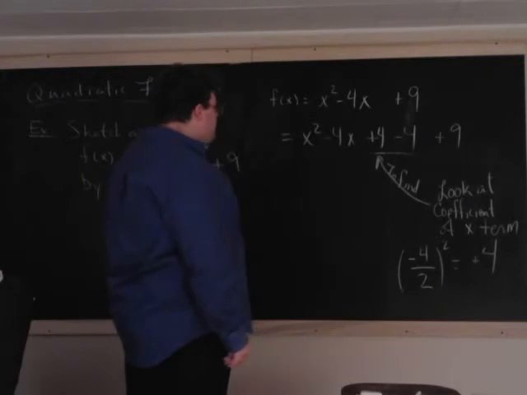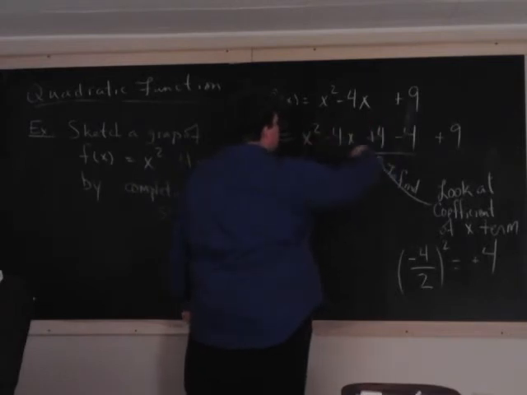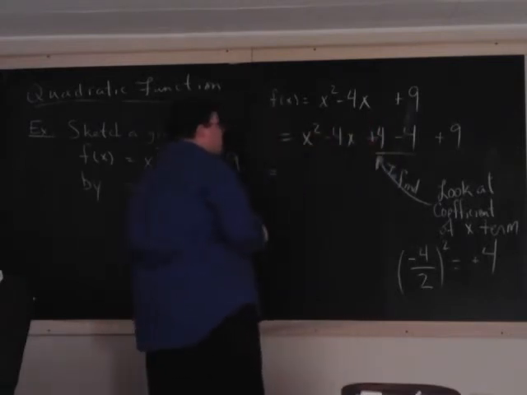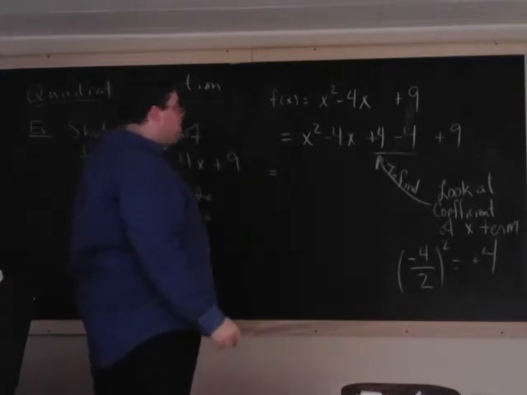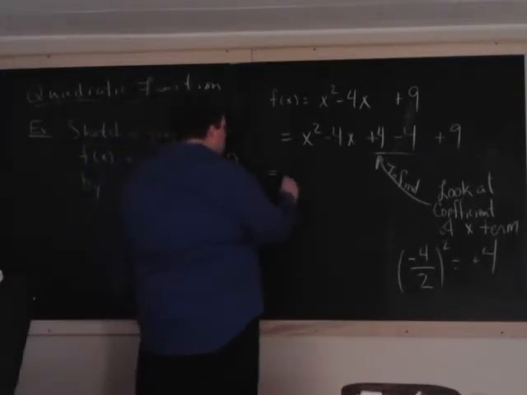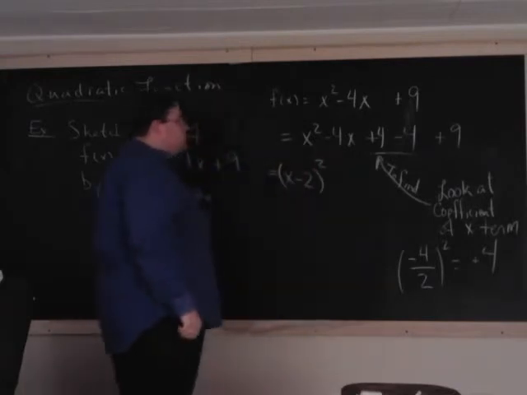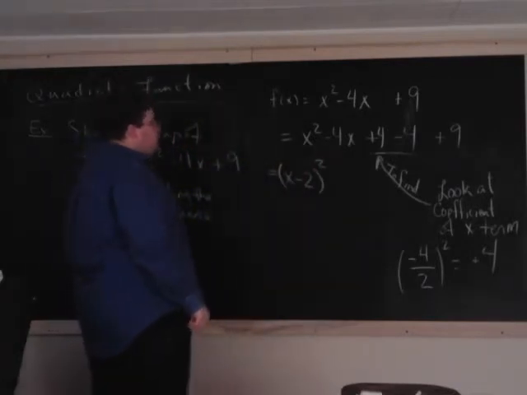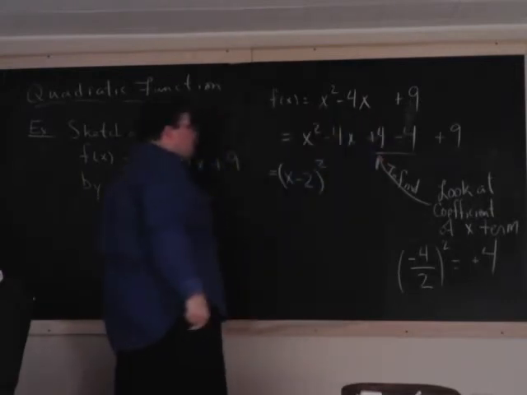Well, and why did we do this? Well, we did that because now these first 3 terms, x squared, negative 4x, and positive 4, can be written as a perfect square. In particular, they can be written as x minus 2 squared. So these first 3 terms are now a perfect square.